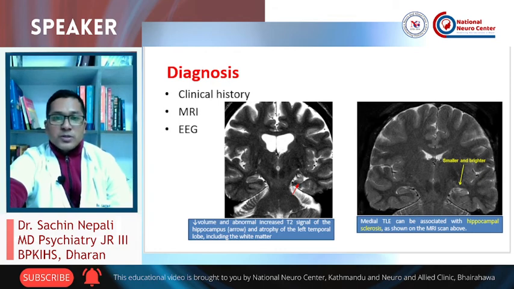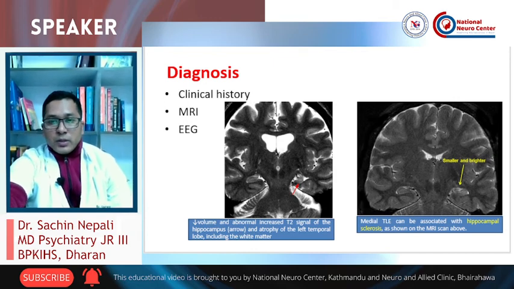How to diagnose temporal lobe epilepsy? One is the clinical history, another is the MRI and EEG. Mainly we need to focus on the clinical history, the features which I already described in the table of lateralizing semiological features. As per it, we need to take the history, and after that, MRI of the brain. Here in these two pictures we can see some lesions on the left side of the temporal lobe in the mesial part.